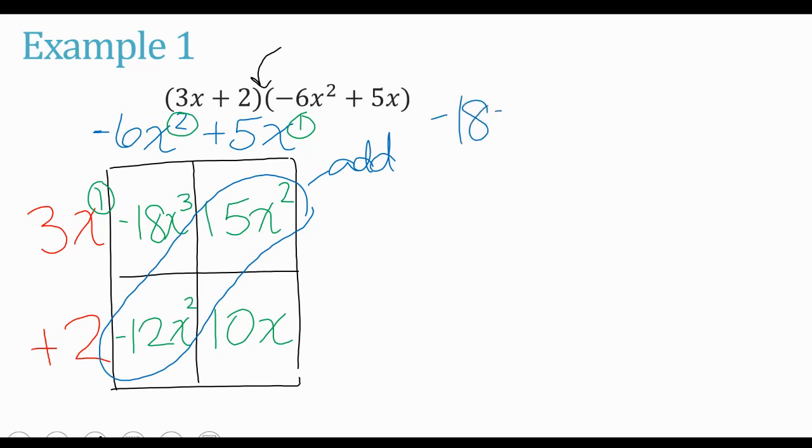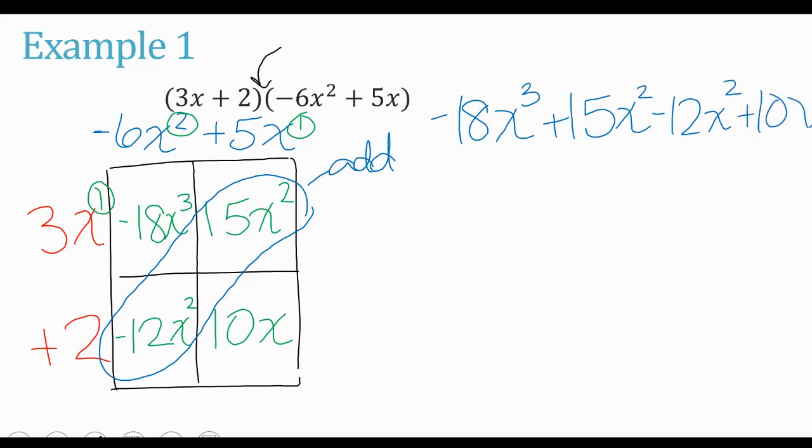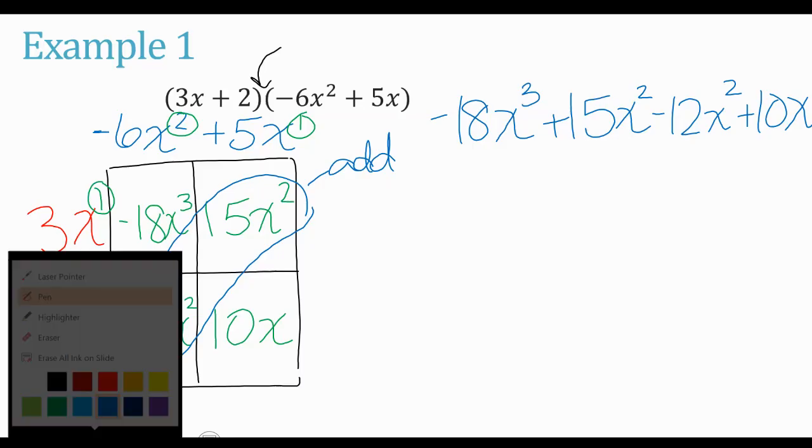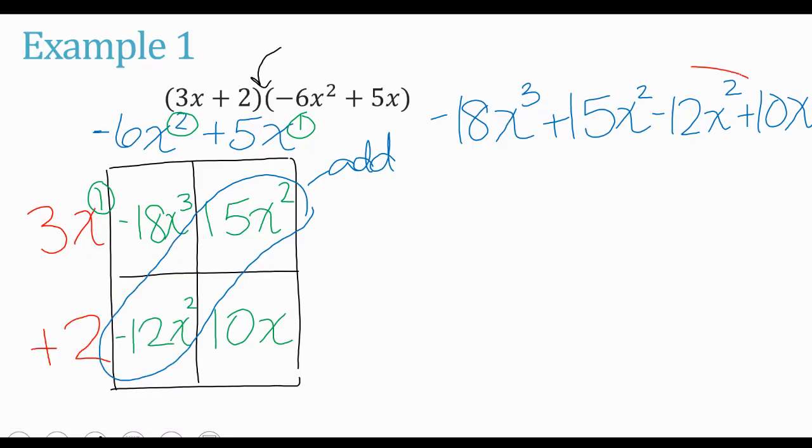So we have negative 18x to the third plus 15x squared minus 12x squared plus 10x. And we have our like terms here. When we add positive 15x squared and negative 12x squared, that's going to give us a positive 3x squared.